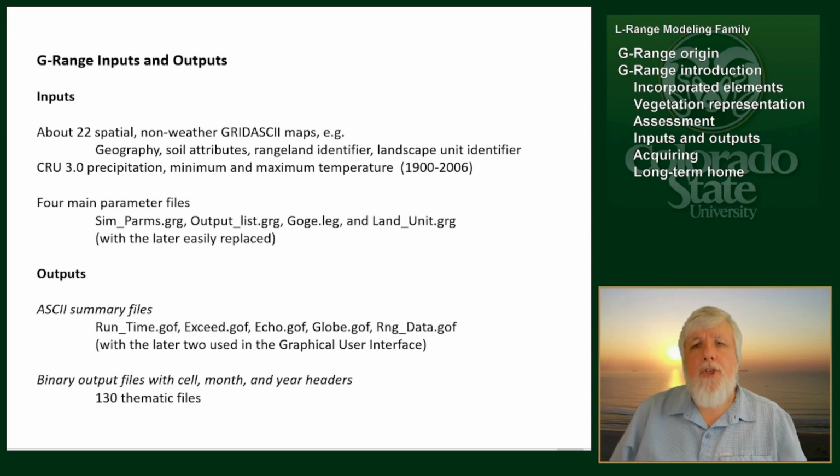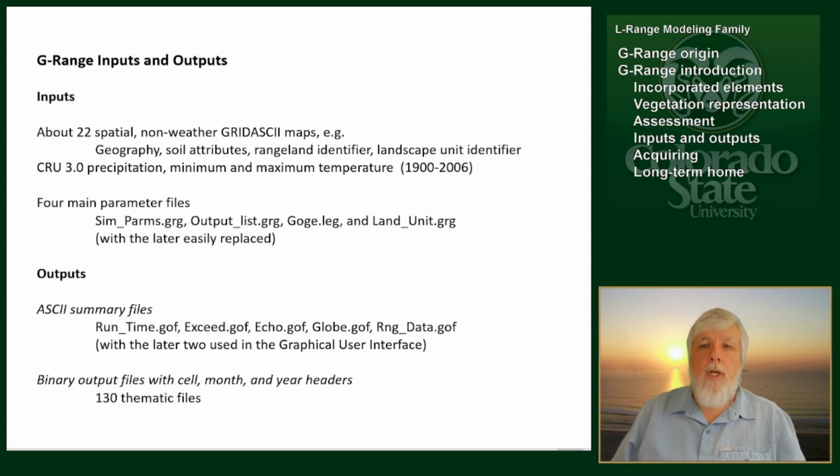Inputs into G-range include 22 surfaces. These incorporate soil information, rangeland identifiers, and the landscape being divided into landscape units, as we call them, the areas that are judged to be sufficiently homogeneous to be represented by one parameter set.